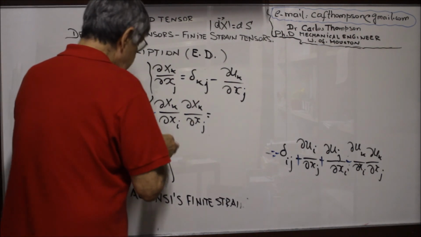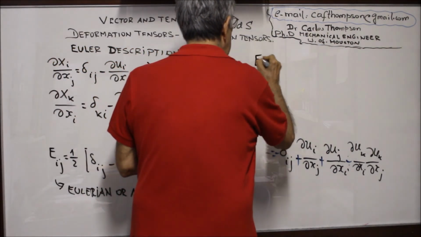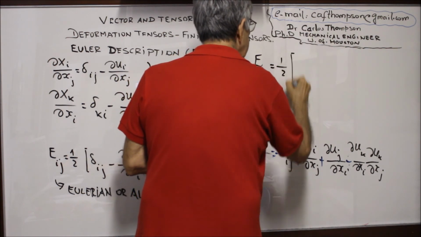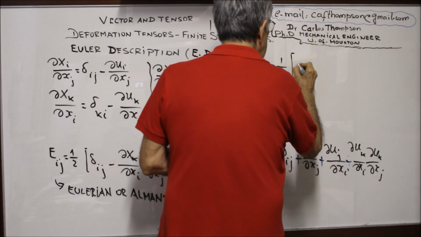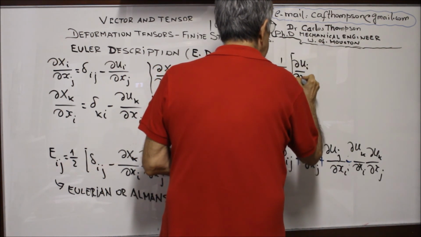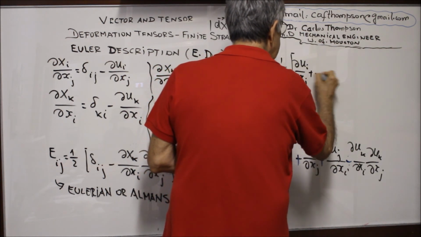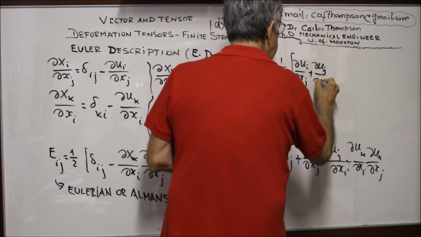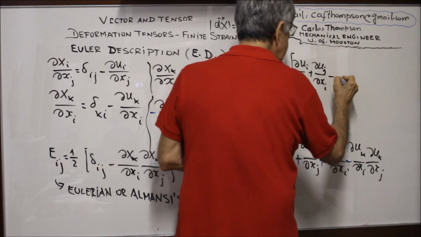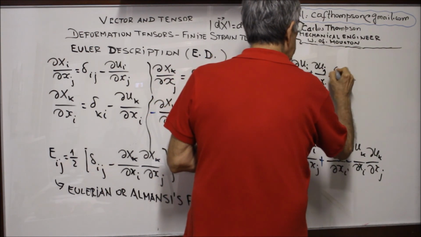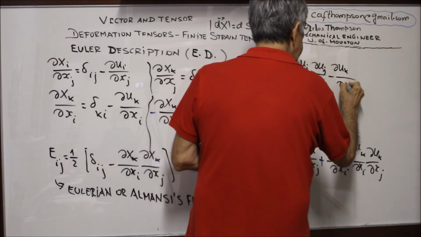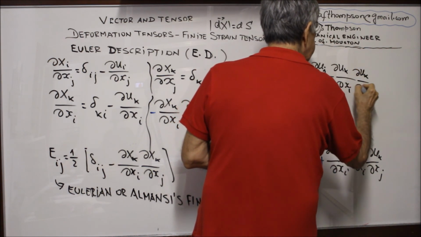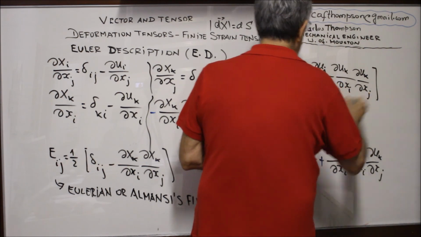So Eij is equal to 1/2 times partial of ui with respect to xj plus partial of uj with respect to xi minus partial of uk with respect to xi times partial of uk with respect to xj.